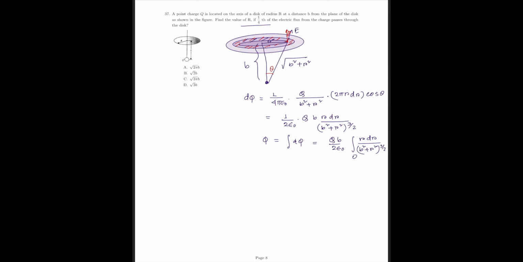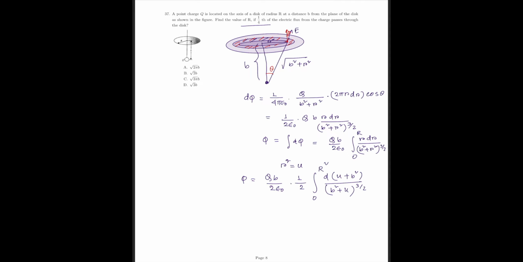Now you substitute r square as u, so this integral becomes qb by 2 epsilon 0, take out a factor 1 by 2, this is integral of du over b square plus u to the 3 halves from 0 to r square.